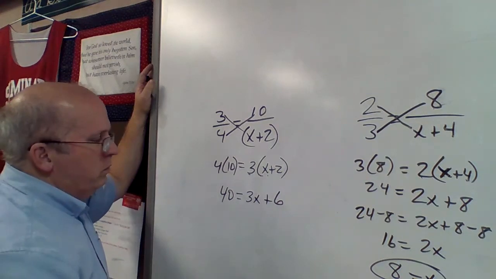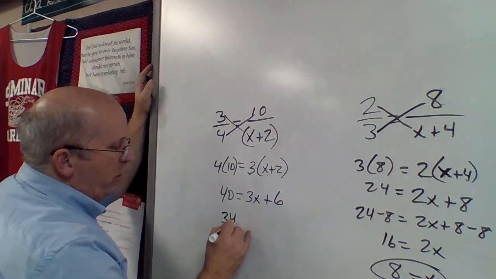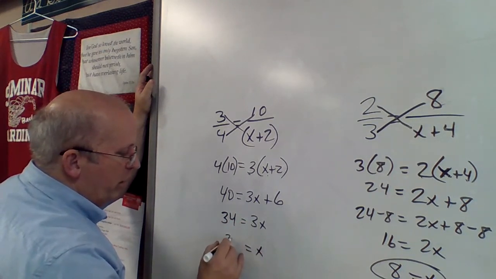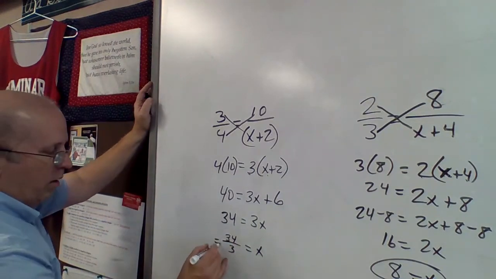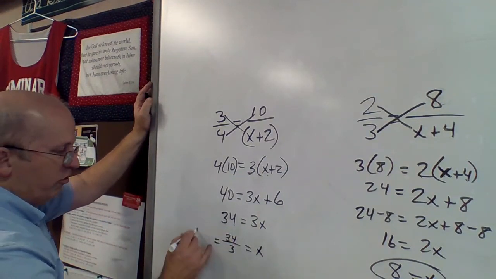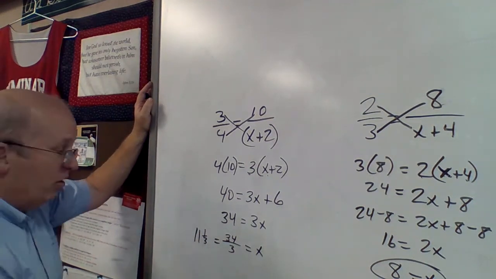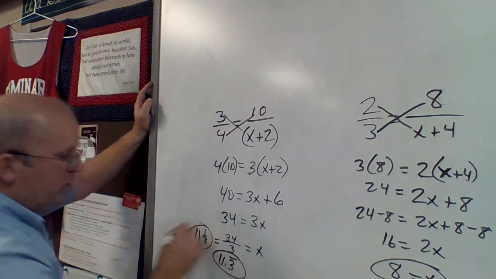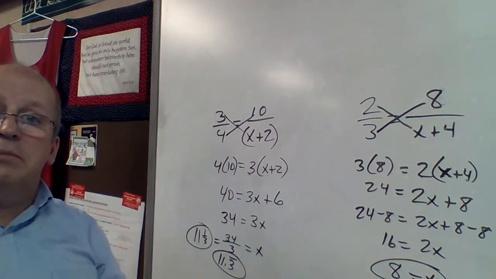Now what do I do? I'm going to subtract 6 from both sides of the equation, and then divide both sides by 3, and I get this as my answer. One possible version of this answer is 11 1/3. Or if I want the decimal version of that, it's 11.3 repeating. Either one of those is my value of x in this particular circumstance.